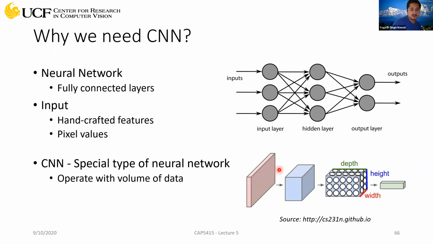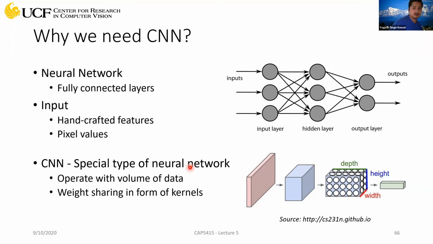Instead of flattening the input image, they operate on a subsection of that image, and essentially they operate on a volume of data instead of these flattened neurons. There is also some kind of weight sharing, and all of this we are going to cover in the next lecture, so don't worry if you have any doubt or question here. This operation from volume to volume is efficient, and weight sharing makes it even more efficient.